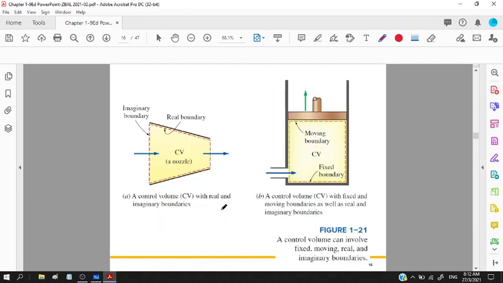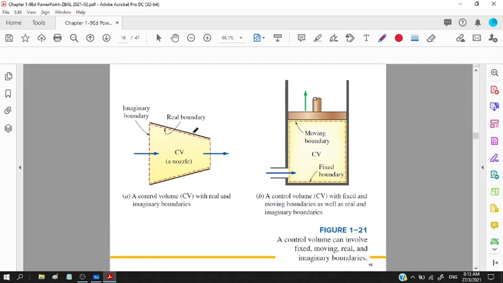Okay, this is an open system or control volume system. This is an example of a nozzle, whereby this boundary is imagined or assumed as an imaginary boundary for inlet and outlet.